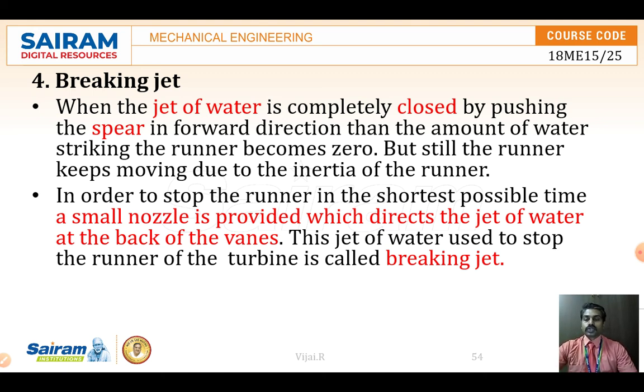So in order to stop the runner in the shortest possible time, a small nozzle is provided at the back, through which a water jet hits the back of the vanes. We are creating an opposite force, so the jet of water stops the turbine blade immediately. We call it a braking jet.